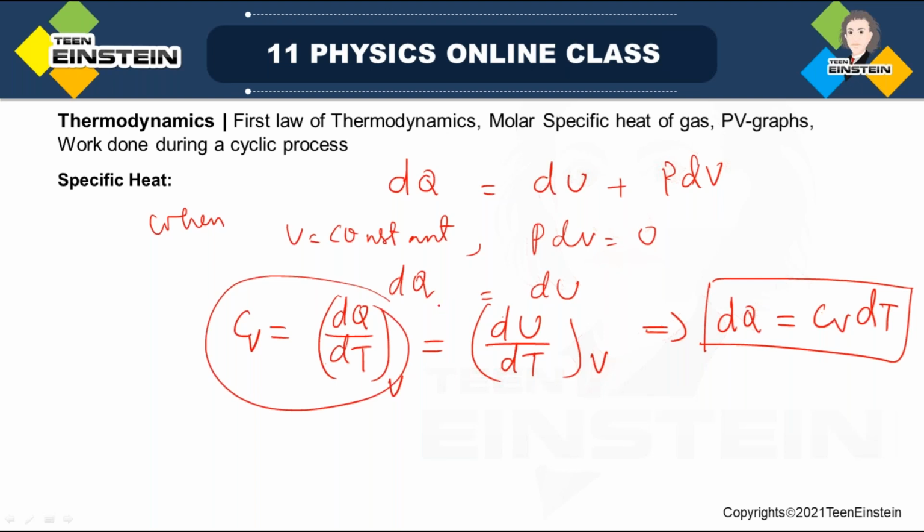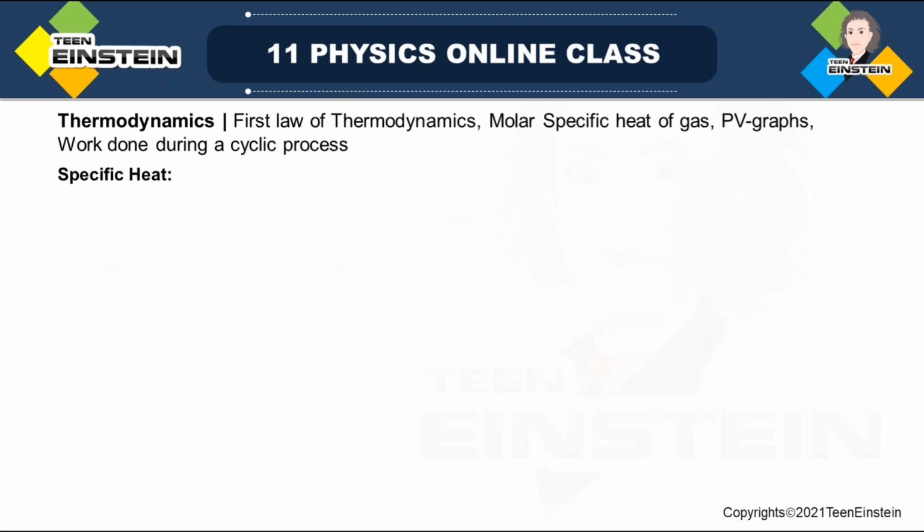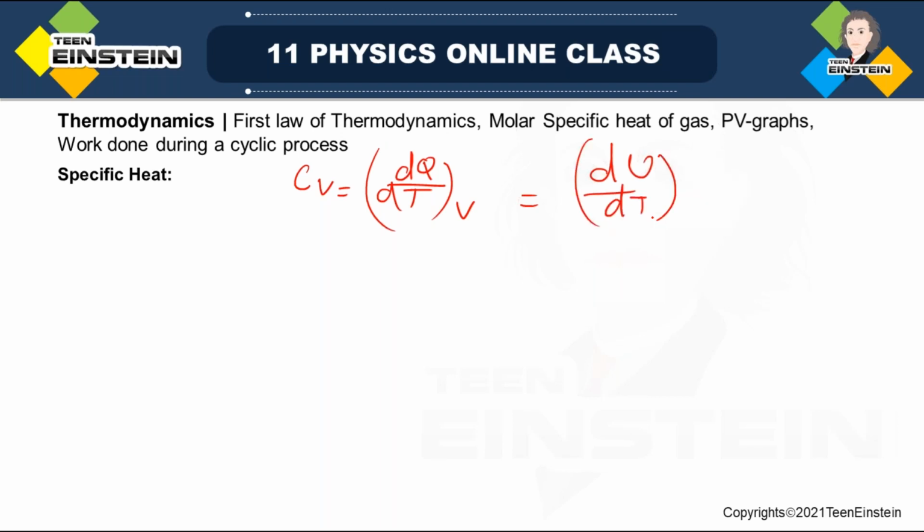Now we'll see. Let me write here. So Cv is equal to dq by dt at constant volume, which is du by dt at constant volume. And u does not depend on v.